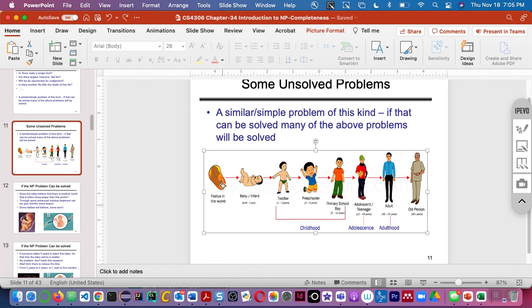So if this NP Completeness research says that whatever time it takes, whatever the output, even if it is not good enough, do not throw it out. Publish it and share with others, so that the next group of researchers will start from there.